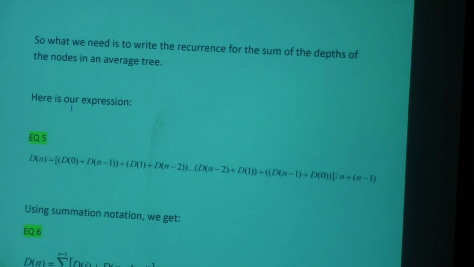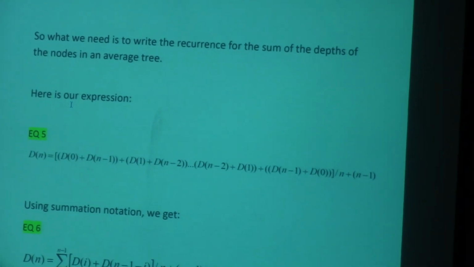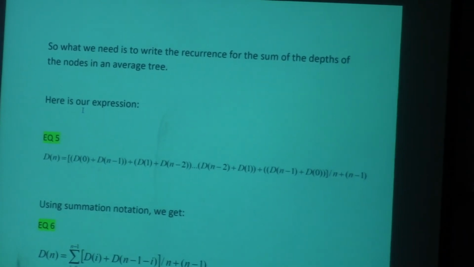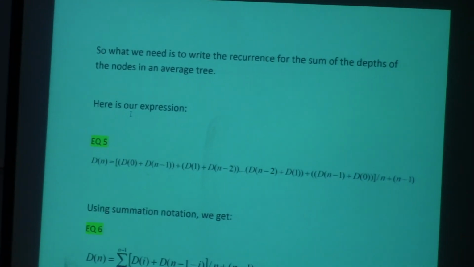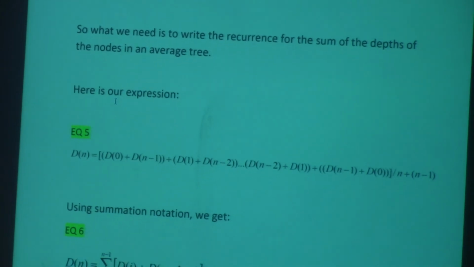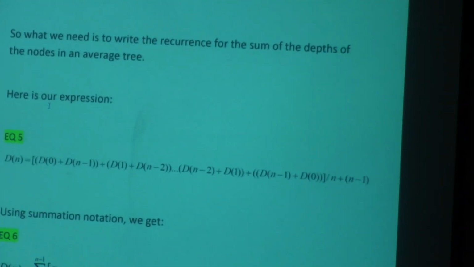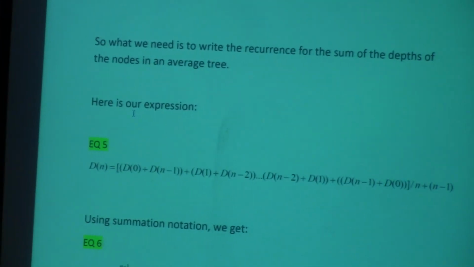An average tree means a random sequence is being inserted into the tree. We're going to add up the depths of the nodes. We did that last time. If we add up the depths of all the nodes, we're going to find out that the sum of the depths of the nodes of a full tree is n log n. And when we divide it by n, the average depth is going to be log n, which is right at the perfect level that we want it to be at.